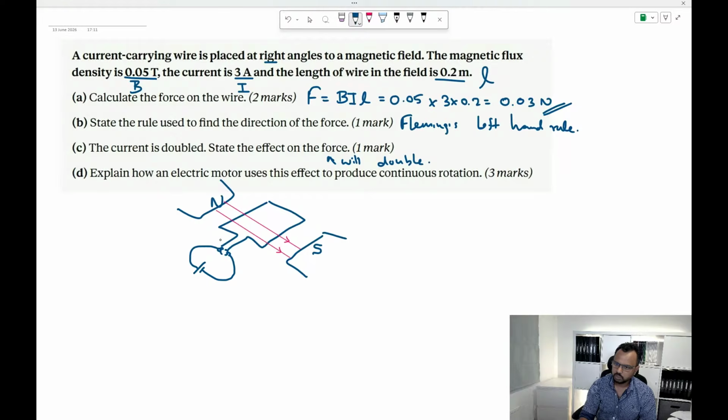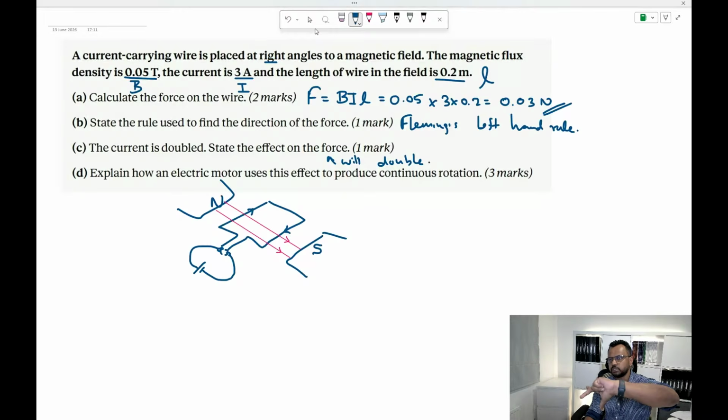Now, current goes through this one that way, and then current comes through it this way. Now, think about the left-hand side one here, FBI. B is this way, right? Because it's from north to south. I is that way.